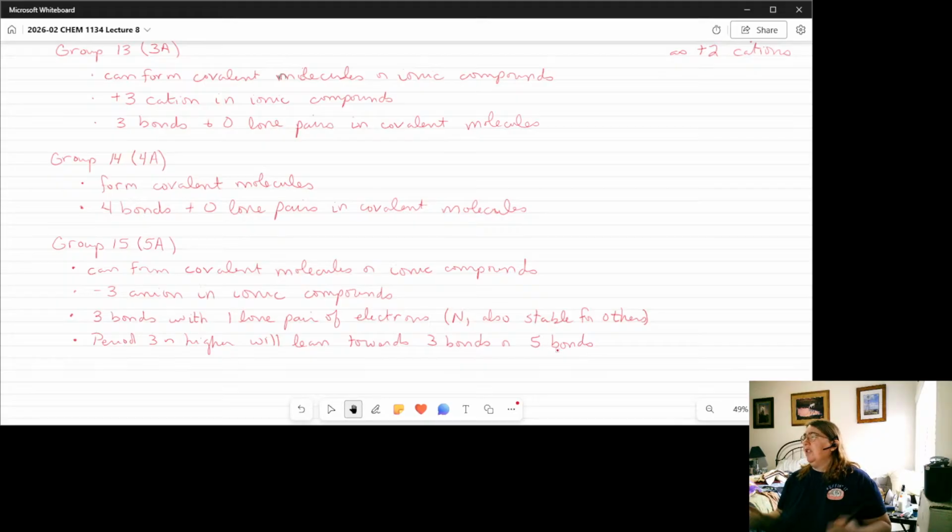So, generally speaking, 3 to 5 bonds. But period 2, that second row, which is where nitrogen's at, 3 bonds, 1 lone pair. If it has anything other than that, it's going to be charged.